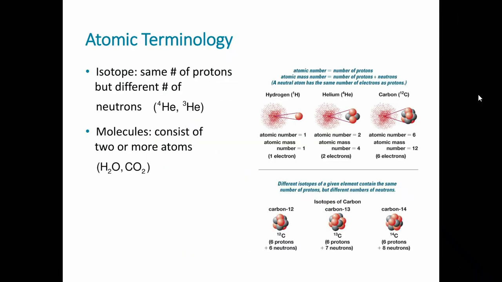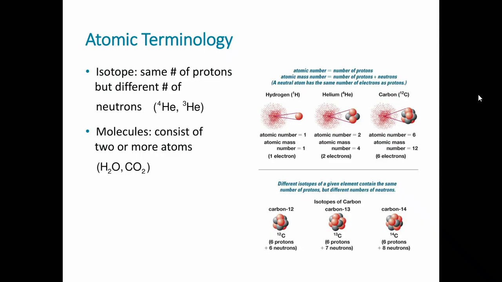You can have different mass numbers that are associated to the same element. So for example, this carbon is carbon 12 because it has 6 protons and 6 neutrons. But you can have other carbon isotopes that have additional neutrons. So carbon 13 has 7 neutrons, and carbon 14 has 8 neutrons.